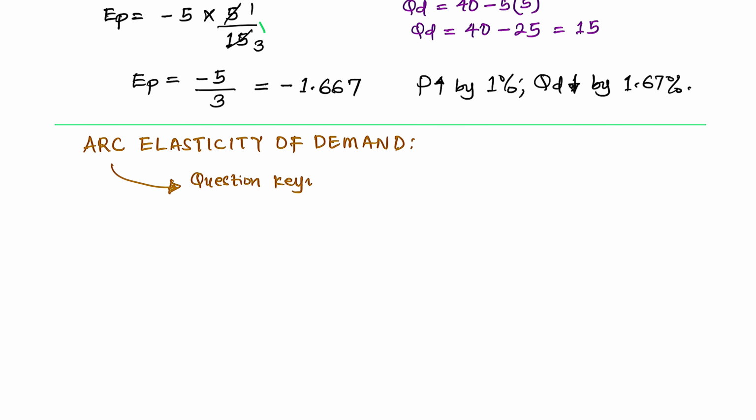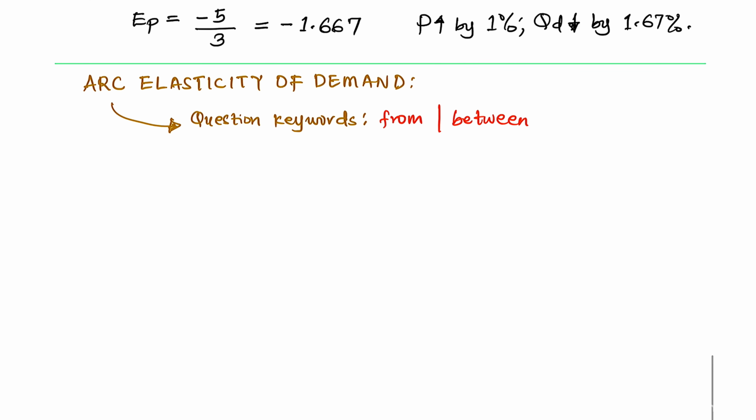The keywords in the questions are usually from, between, or any other word similar to these keywords. So we've established before that when we have percentages, the formula does not change in this situation.